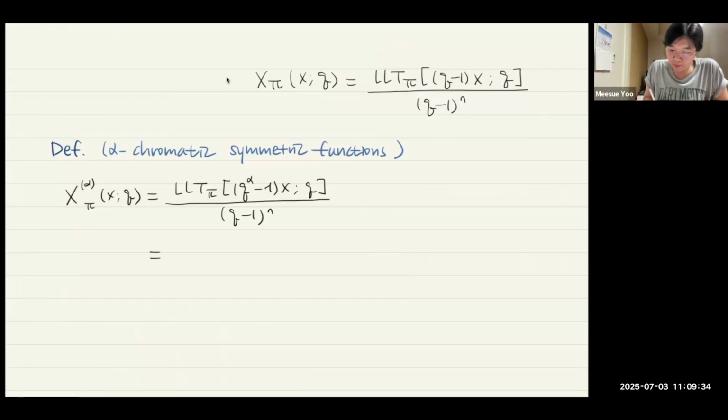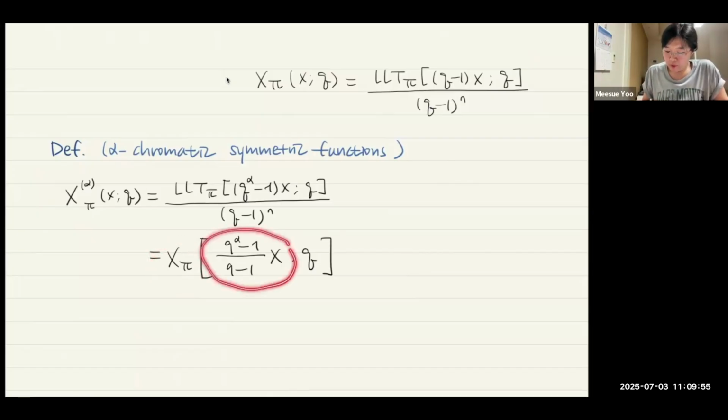But in terms of the original chromatic symmetric function, here this square bracket is actually the plethystic substitution. So what you're doing is you're multiplying this vector to your set of variables.